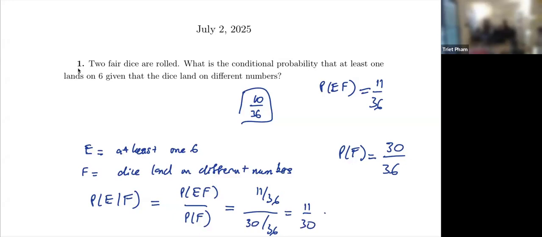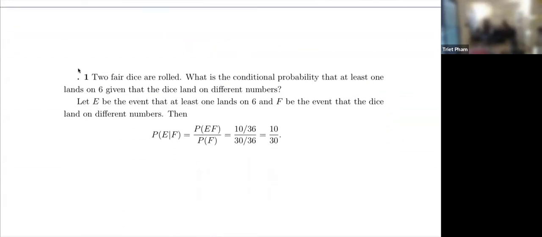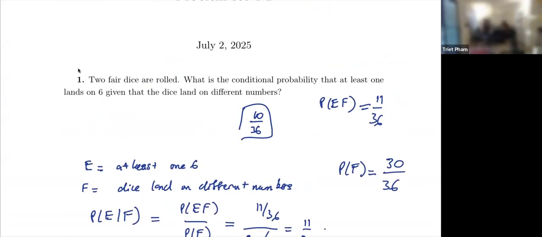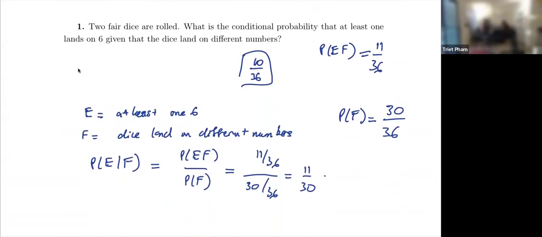Agree? So yeah. Oh, sorry. Hold on. Why is it 10? Is it 11 or 10? At least one 6 and land on different numbers: 1,6, 6,1. Why did I write 10 here?